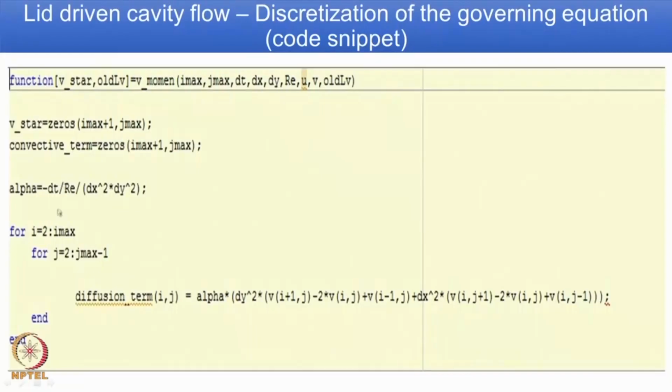So, if you discretize, we have delta x squared, delta y squared, and this alpha takes those coefficients appropriately. So, minus dt is brought from the left side, and the Reynolds number is associated with nu and delta x squared and delta y squared. So, when you write the diffusion term, we have alpha, and for the first term, that is dou squared V by dou x squared, we explained that we are using the second order central differencing scheme.